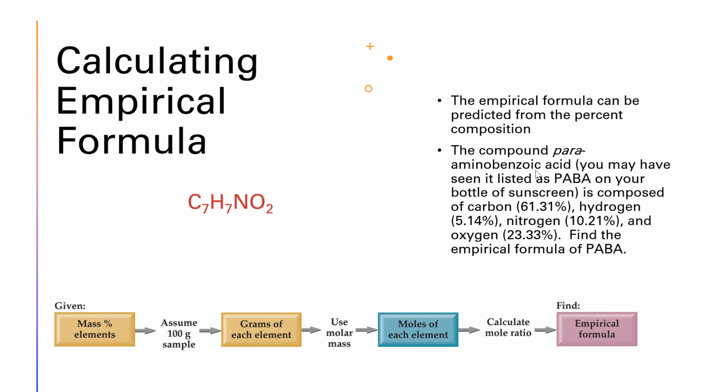For example, the compound we want to know the empirical formula of is para-aminobenzoic acid, which is composed of carbon 61.31%, hydrogen 5.14%, nitrogen 10.21%, and oxygen 23.33%.